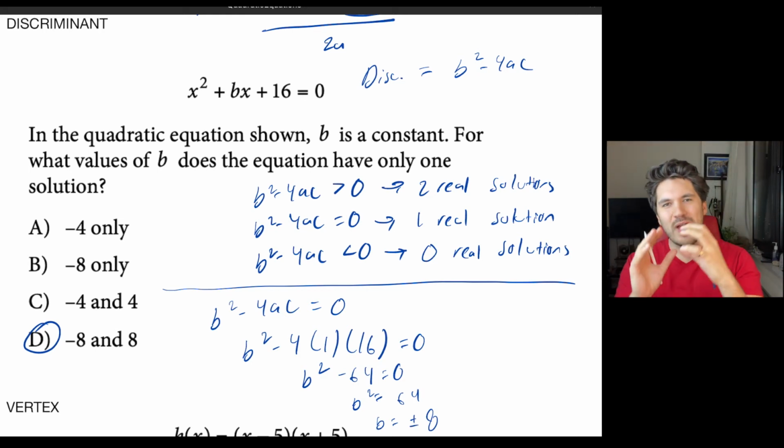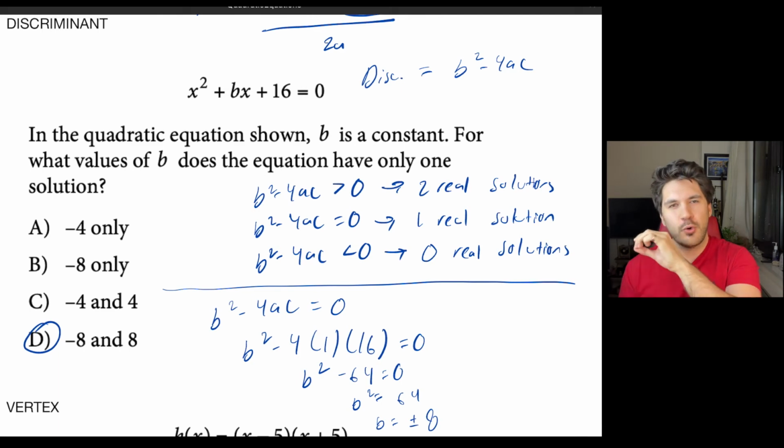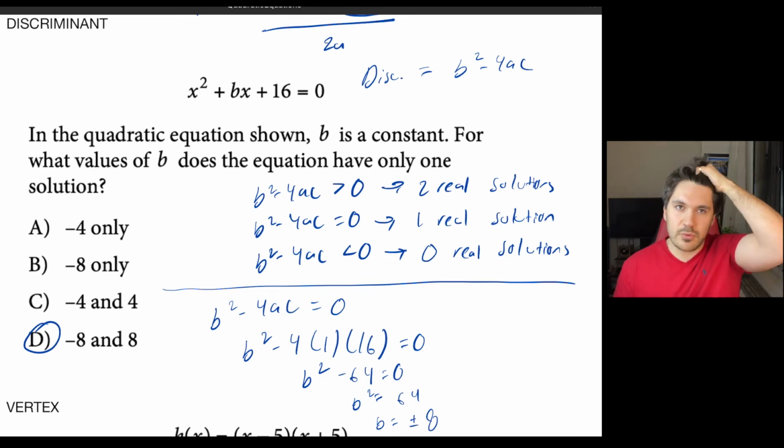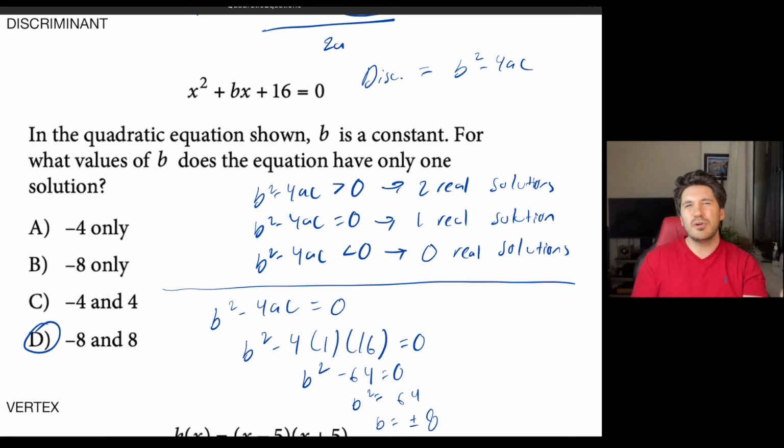Whenever you have a quadratic equation, and somewhere in the question they say that the equation has only one real solution, or no real solutions, or two solutions, or more than one solution, which means two solutions, if they're using this language, talking about the number of solutions, in a question that deals with quadratics, you're going to be using the discriminant every single time.